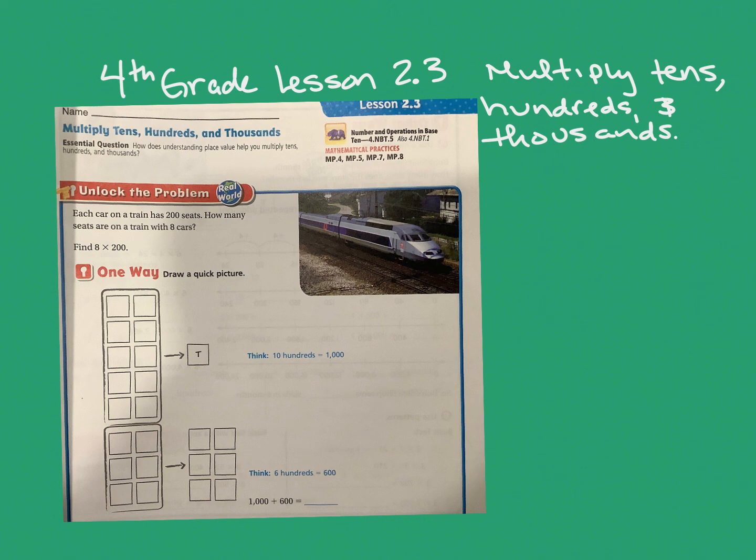Well, when we talked about place value, we said that we can change this to 16 hundreds because 8 times 2 is 16. So what they've modeled here is that 10 hundreds will always equal 1,000, and we have 10 hundreds here, and then 6 hundreds more.